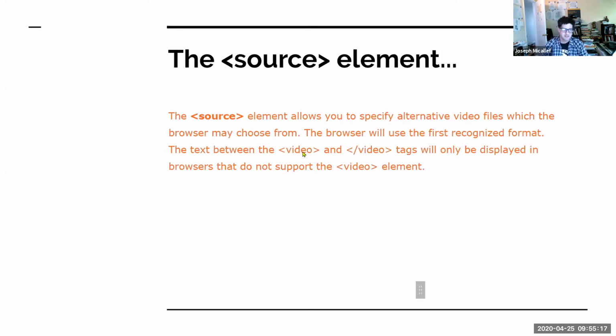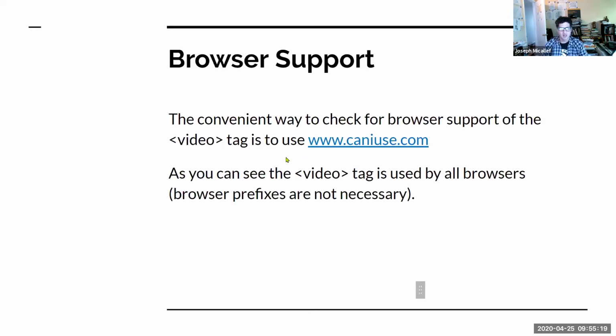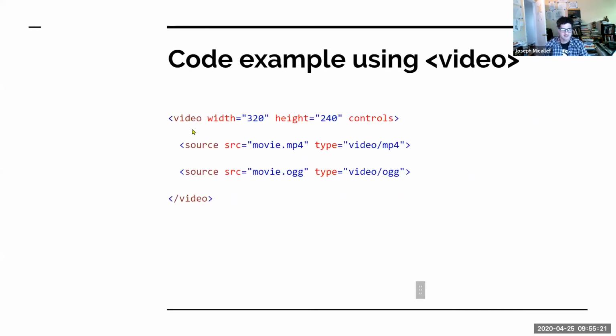So what this is basically saying is, if you add text here saying video cannot be played on this browser, then they'll see the text and they'll understand, oh, there was a video there and it can't be played. I should probably upgrade my browser or get the latest version. You can actually include that in the text: please update to the latest version of your browser.